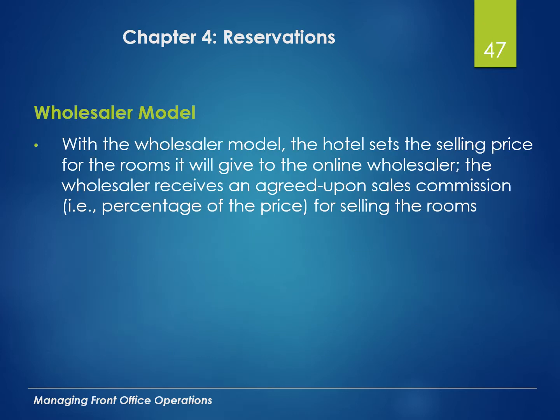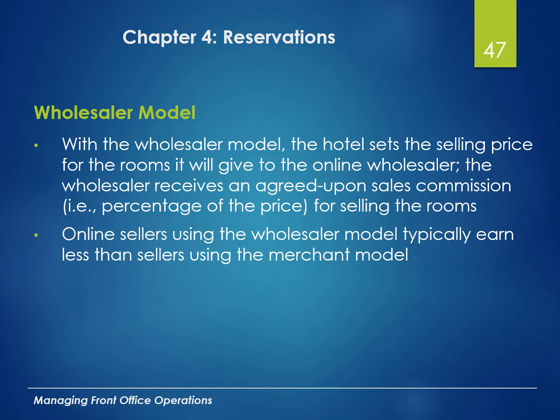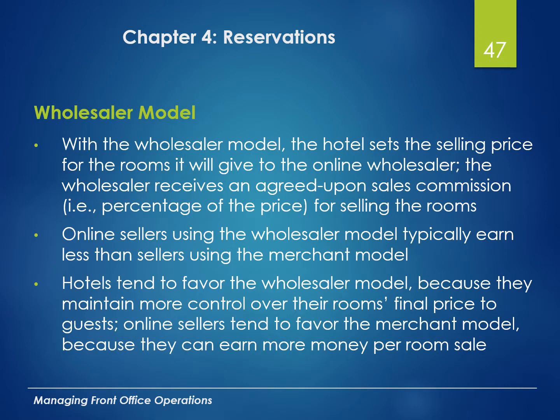The wholesaler model. With the wholesaler model, the hotel sets the selling price and gives the wholesaler a commission based on that, whether it's a 10%, 20%, or 30% commission. Hotels like the wholesaler model because they have more control over their revenue, the room price.